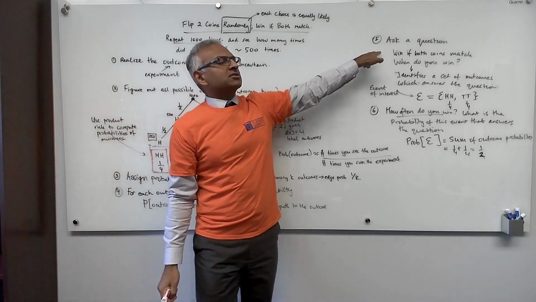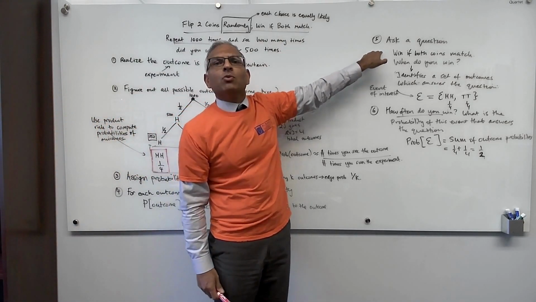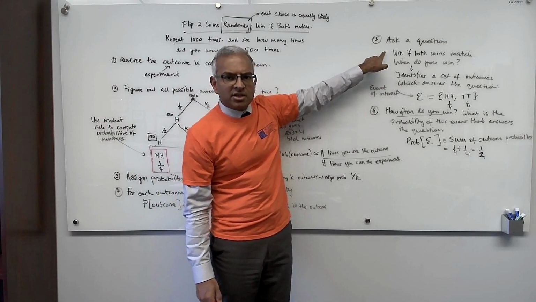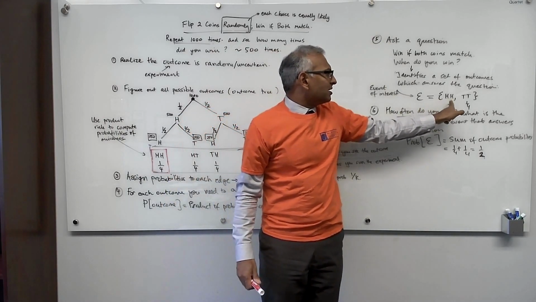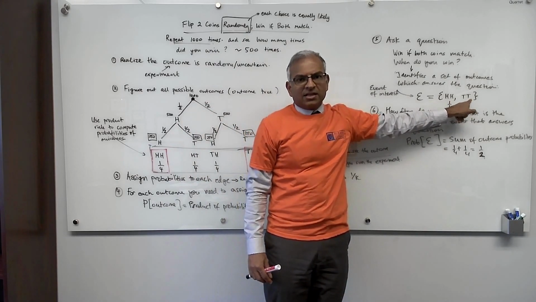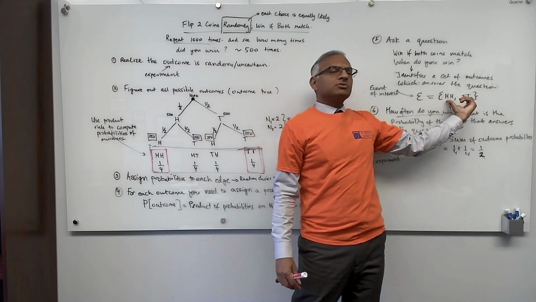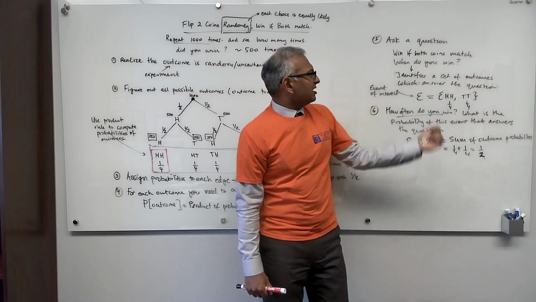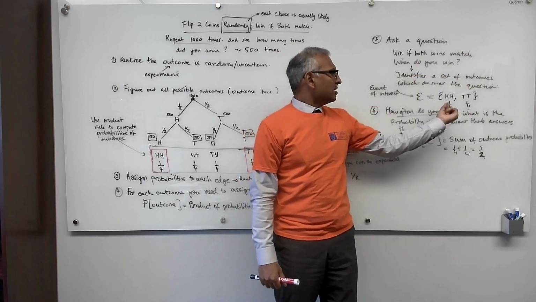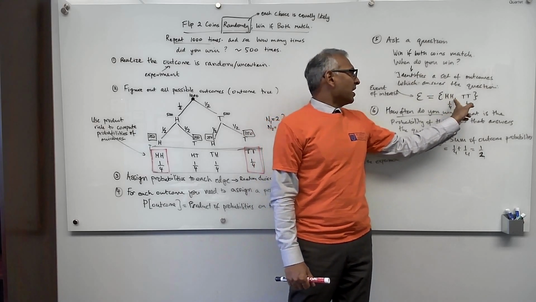We now go and ask a question. What are you interested in? What do you want to know? Okay. And whatever it is that you want to know, you should be able to massage it into a subset of the outcomes such that if one of these outcomes occurs, it more or less answers your question. It satisfies whatever you're interested in. In this case, we're interested in when do we win. We win when the outcome is head-head or tail-tail. Okay.